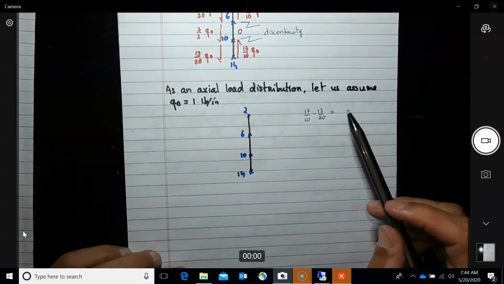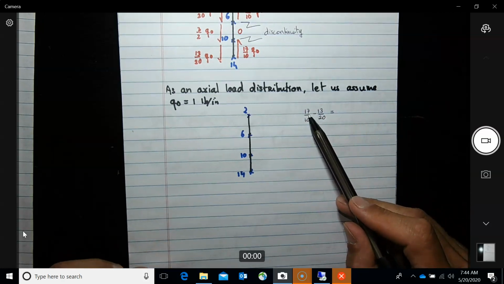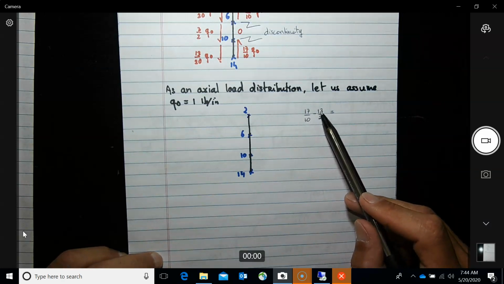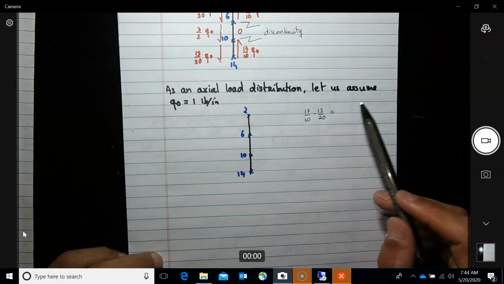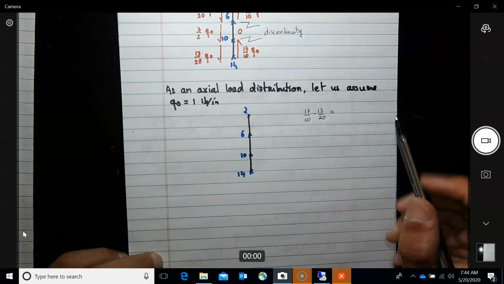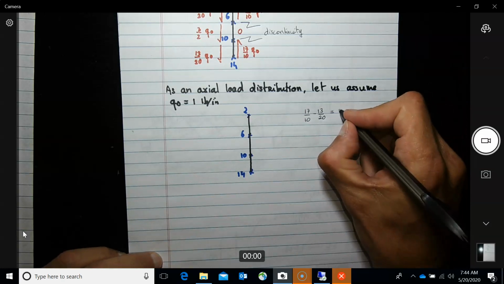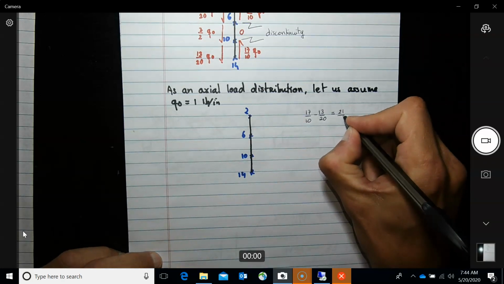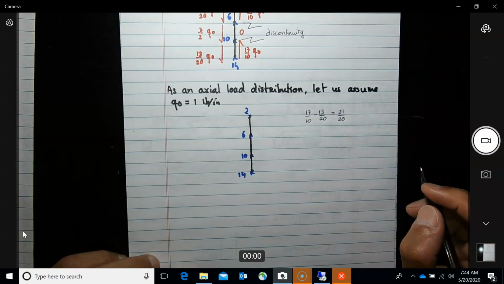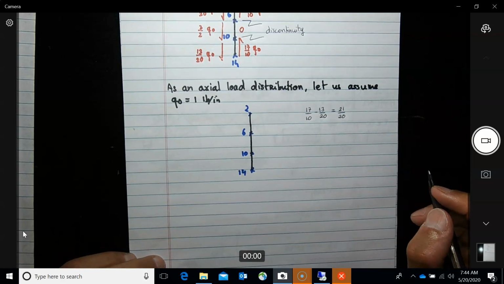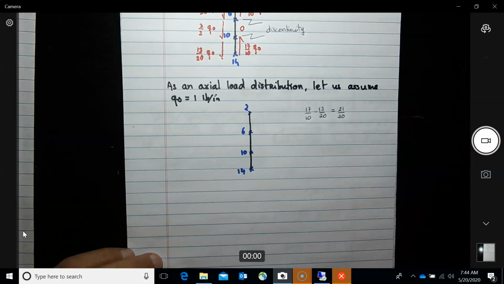So multiply this by 2, will be 34, minus 13 would be 21, over 20, okay? So this should be over here.